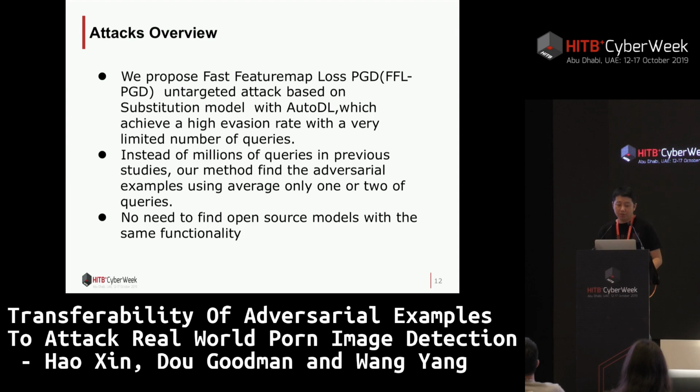We use a loss function to compute feature similarity and define it as FFL, which can increase the transferability of attacks. We rebuild a small dataset for the model and request the cloud-based services only 1 or 2 times per image. We use AutoDL to generate a white box model instead of the cloud-based services.